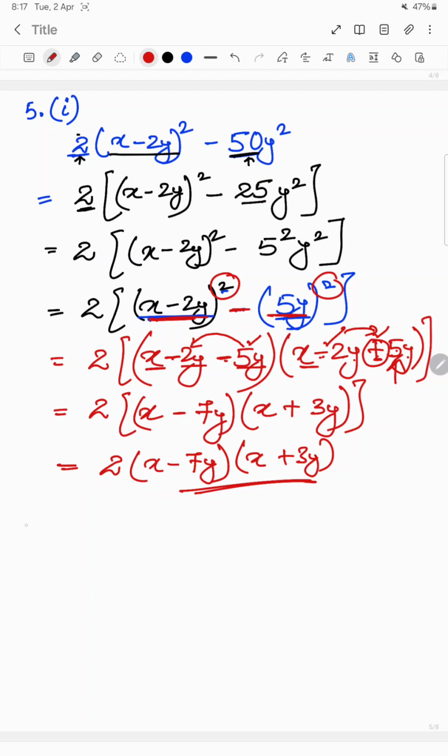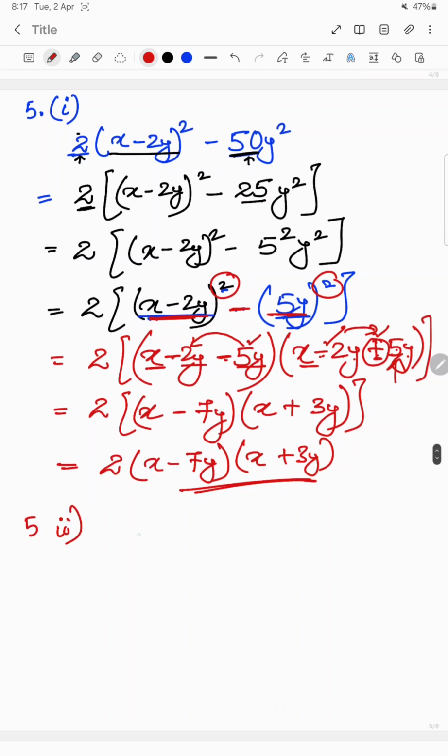Now let's see question number 5.2. How does it look? Question number 5.2 looks like this: 32 minus 2 into x minus 4 whole square. So here also you see that 32 is not a perfect square, 2 is not a perfect square, so you need to take common. So 2 is common here because 2 can divide this 2 as well as 32.